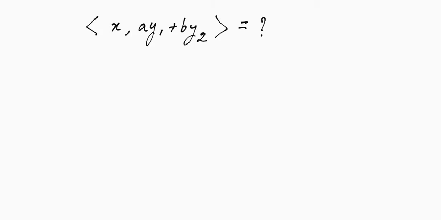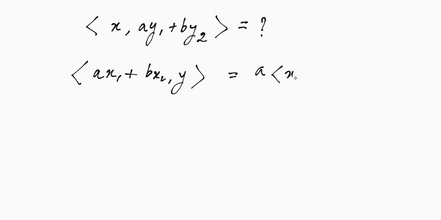Now using the property of inner product, we know that it is linear with respect to the first variable. We had seen that this can be written as a times inner product (x1, y) plus b times inner product (x2, y).